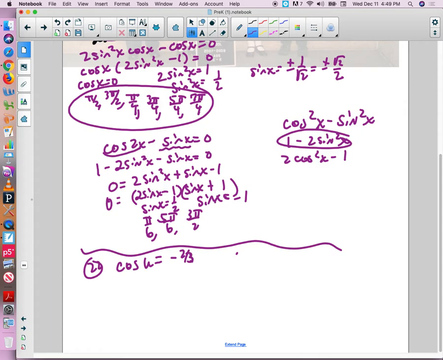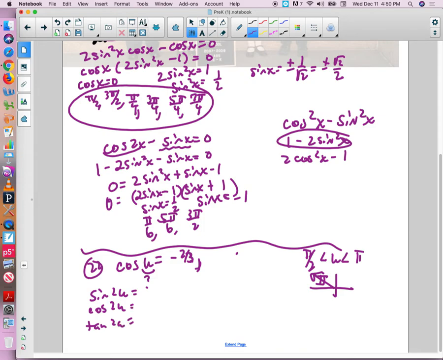You don't know how big u is, but they tell you it's between pi over 2 and pi, which means that it's in the second quadrant somewhere. So our job on this is to find sine 2u, cosine 2u, and tangent 2u.